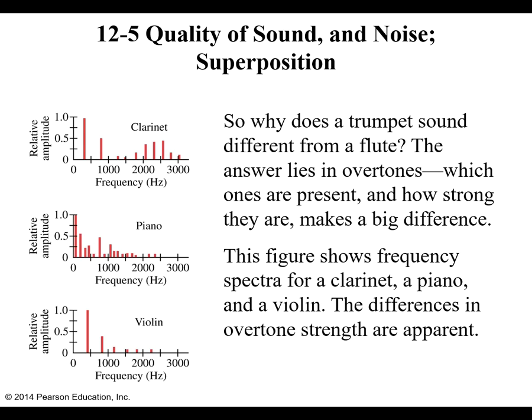Here on the left, you see three figures. On the top is a clarinet, middle a piano, and on the bottom a violin. A clarinet, you're going to get a pretty strong manifestation of the fundamental frequency. But a clarinet is a closed tube, which means that there is no second harmonic.